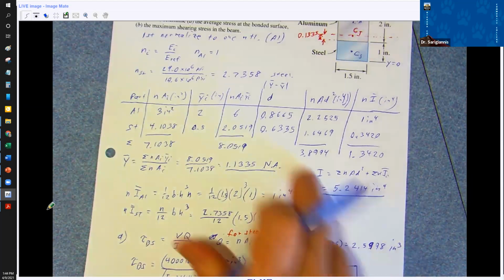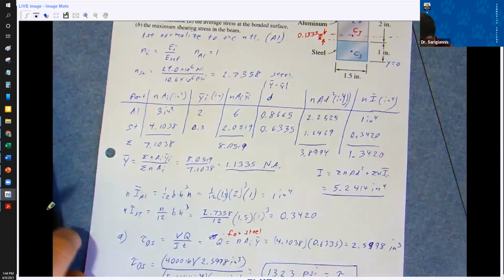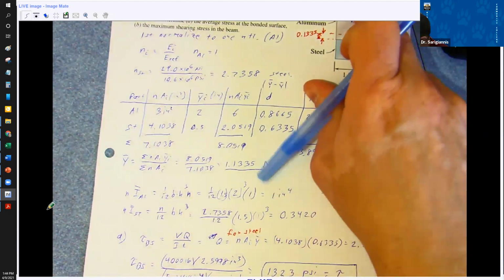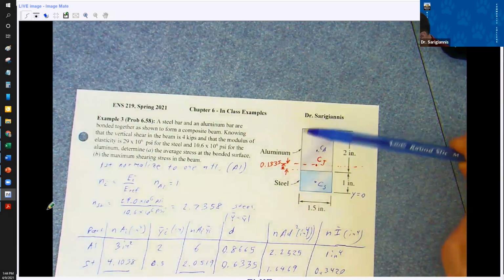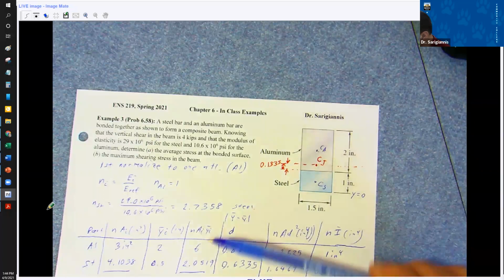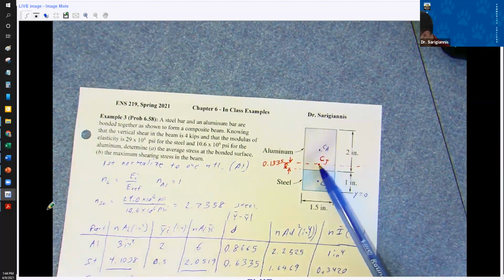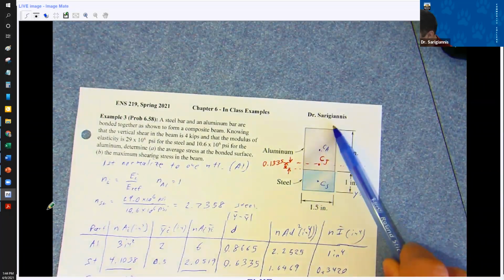What did I choose here? It looks like I chose the 1. Oh, I chose this area here. So it doesn't matter, right? This is the neutral axis. It doesn't matter now if you go from above or below, right? The max is going to occur here.